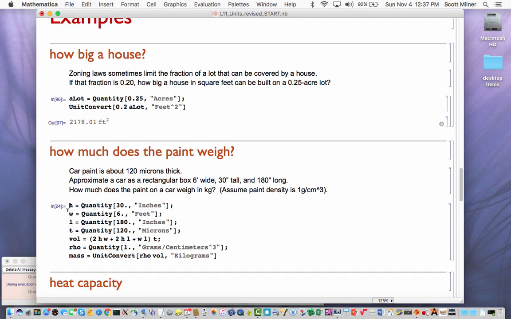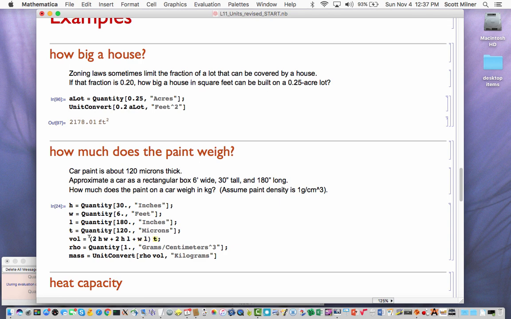So the height of the car is 30 inches, the width is 6 feet, the length is 180 inches, the thickness is 120 microns. Those are all compatible but unlike units. Nonetheless, I can define the volume of the paint to be 2 times the height times the width, that's the front and back of the car, plus 2 times the height times the length, that's the 2 sides of the car, plus the width times the length, that's the top of the car, all that times the thickness.